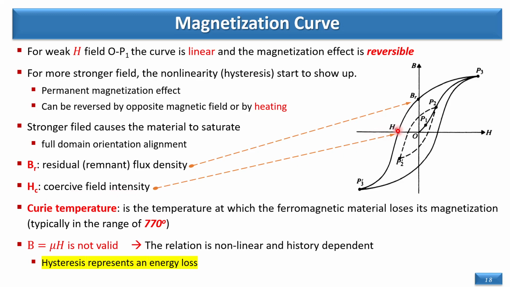So this is the field in the opposite direction that is needed to remove the maximum permanent or residual flux density. Also, by heating up the material to a high temperature like 770 degrees, the material will lose its magnetization.